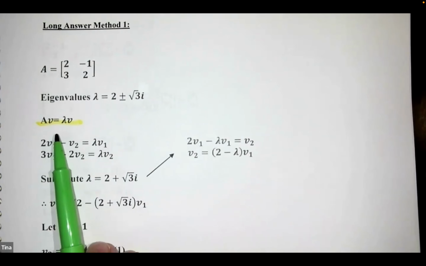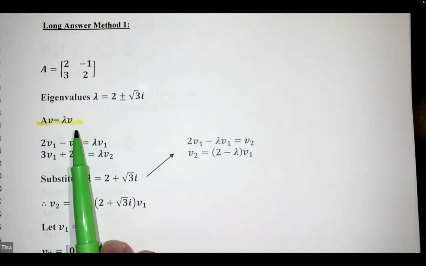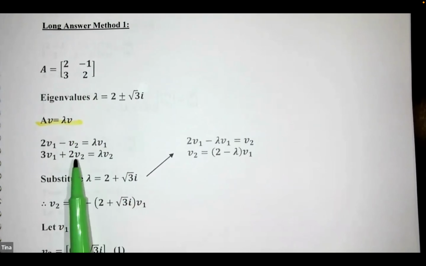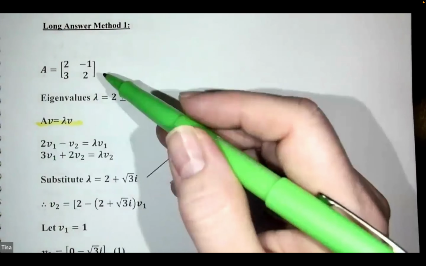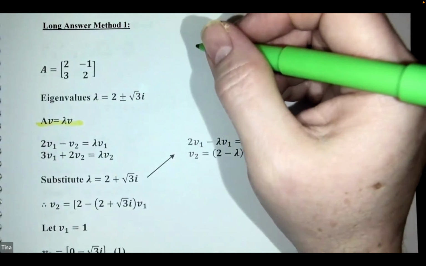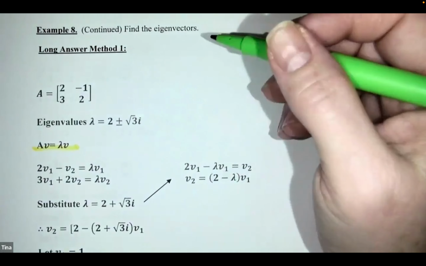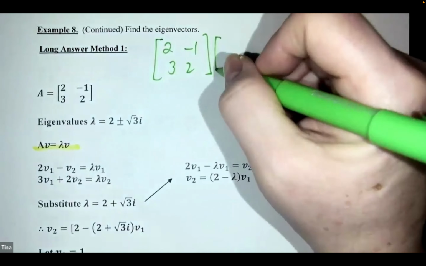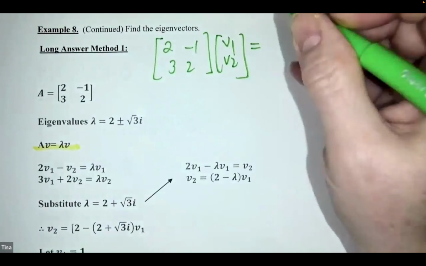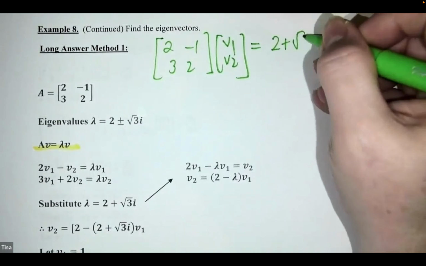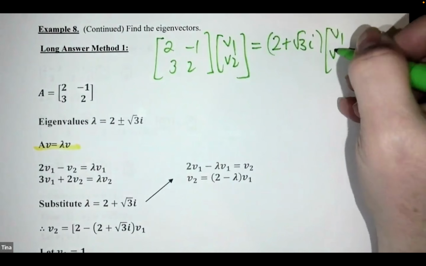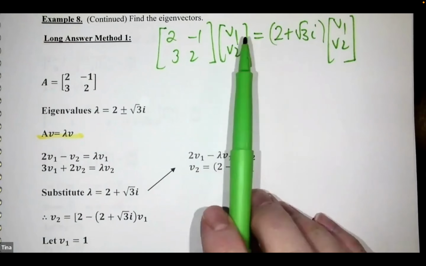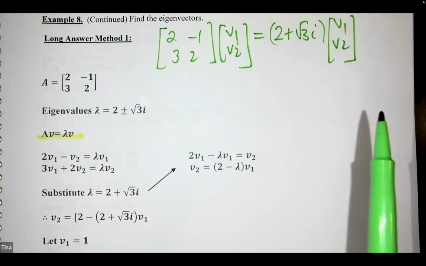Okay. So if I do AV equals lambda V. Here's A, 2, negative 1, 3, 2. And V equals lambda V. So you can either use this or you can put it into the other one.